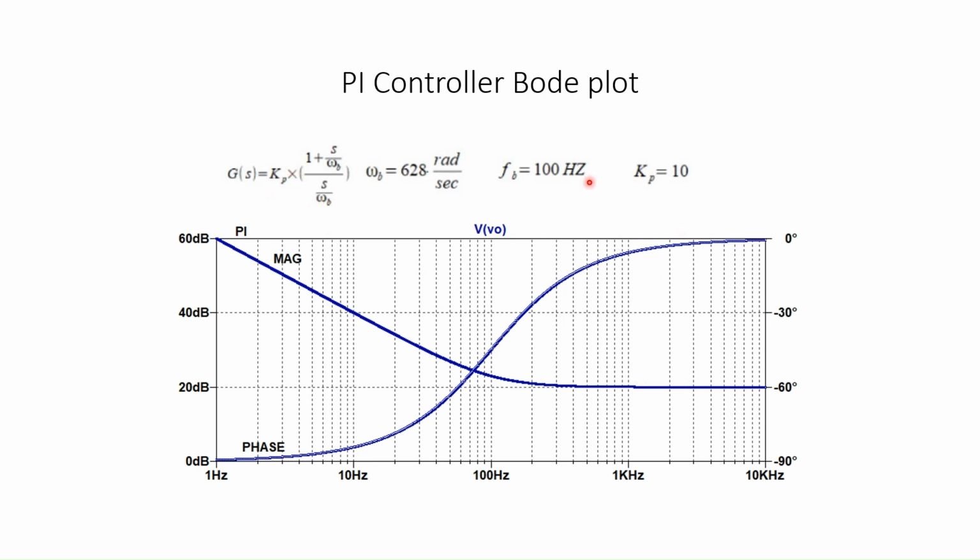Since the Kp we have taken as 10 here, 20 log 10 will be 20 dB here. Initially there is a j term in the denominator, so minus 90 degree. After the frequency crosses omega b, this term is negligible, so this cancels and we get Kp. So the phase is 0.